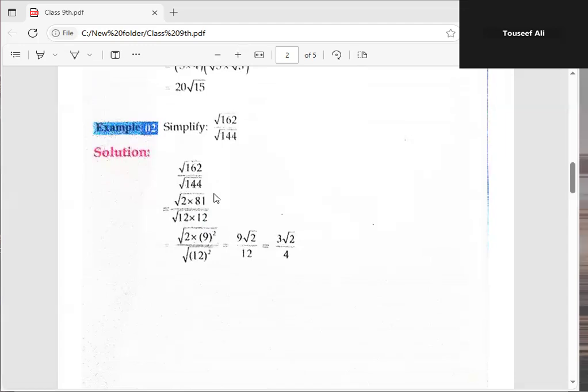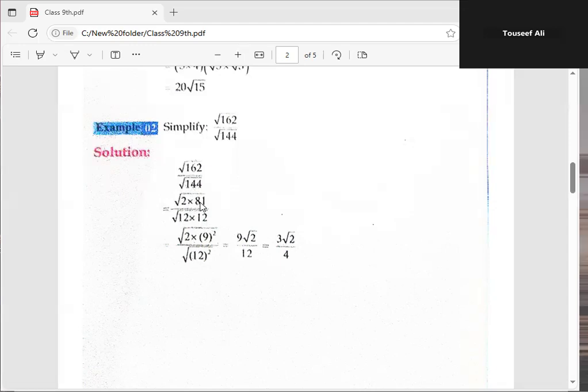Now another example is to simplify root 162 divided by root 144. Now we have to simplify 162 and 144. These two are surds, but they are in division form. When you prime factorize 162, it becomes 2 multiplied by 81, and 144 is 12 multiplied by 12.